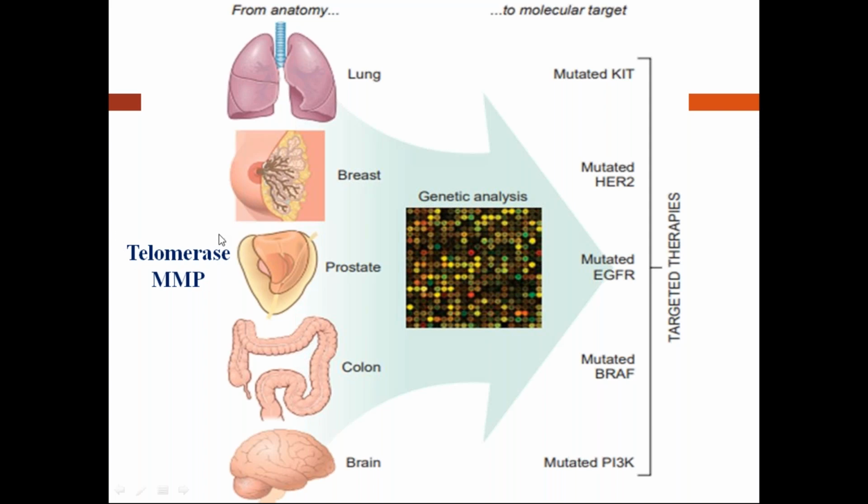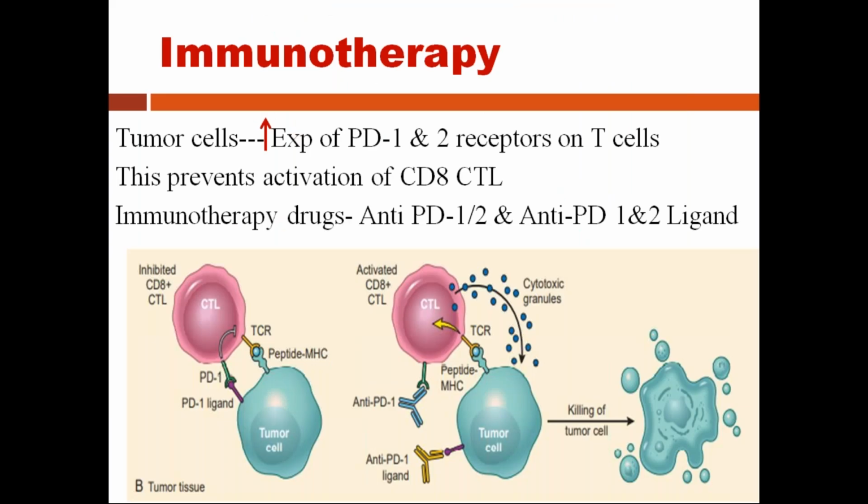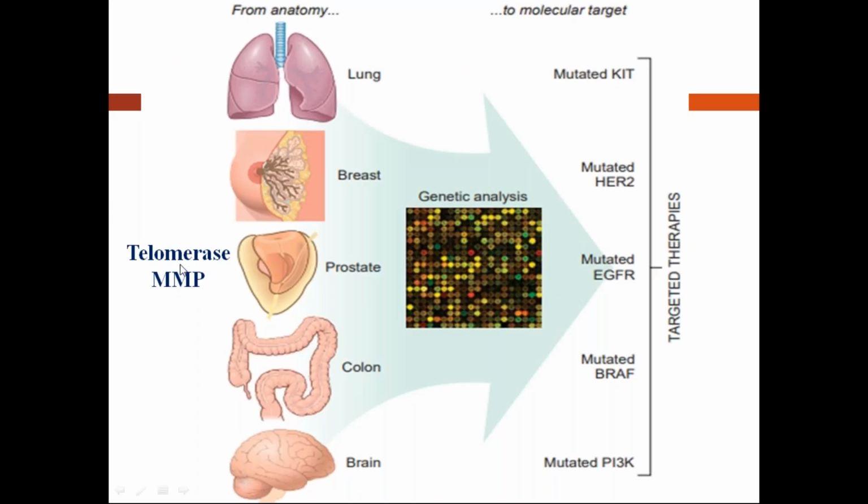Certain drugs have been designed which prevent the reactivation of the telomerase enzyme, so that the telomeres do not get reduplicated and the cell can exit from the cell cycle. So the immunotherapy I told you about in the beginning kills the tumor cells, whereas the telomerase drugs don't kill the tumor cell, they prevent the further growth of the tumor.